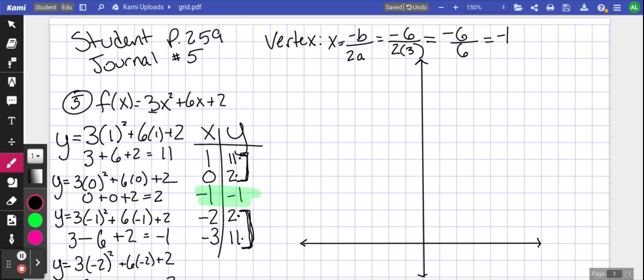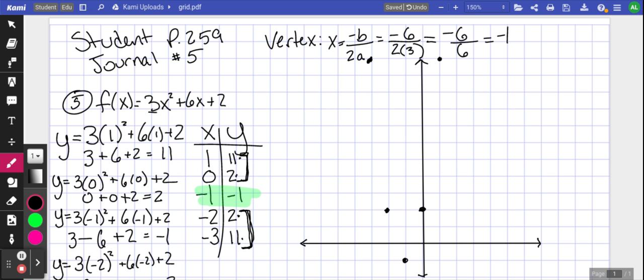All right. So first off, I've got 1 and 11. So 1, 2, 3, 4, 5, 6, 7, 8, 9, 10, 11. I barely made it tall enough. Okay, and then 0, 2, -1, -1, and then another -2, 2, and then -3, 11.